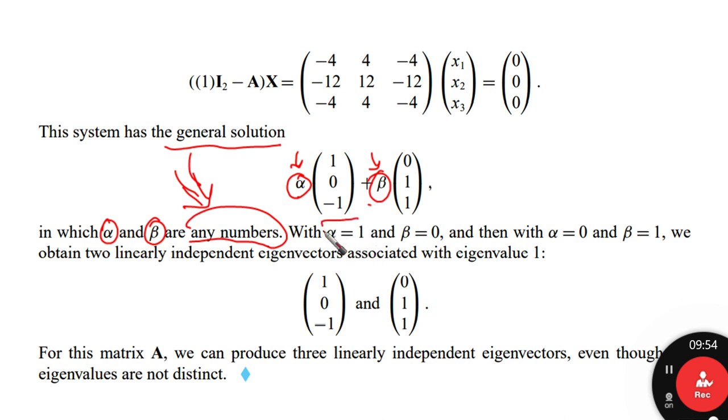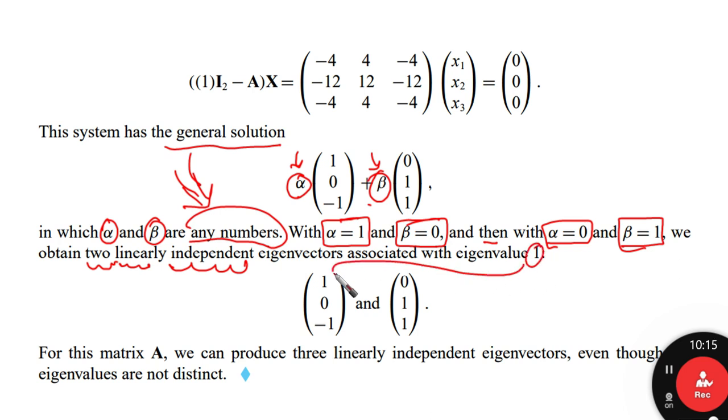So we assume that alpha equals 1, beta equals 0, and then alpha equals 0, beta equals 1. Then we obtain two linearly independent eigenvectors associated with eigenvalue 1. So we have two different eigenvectors associated with 1.